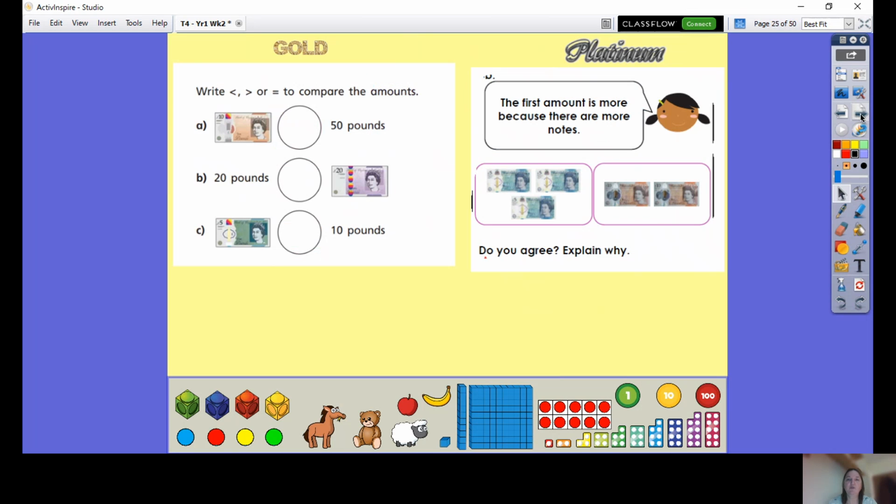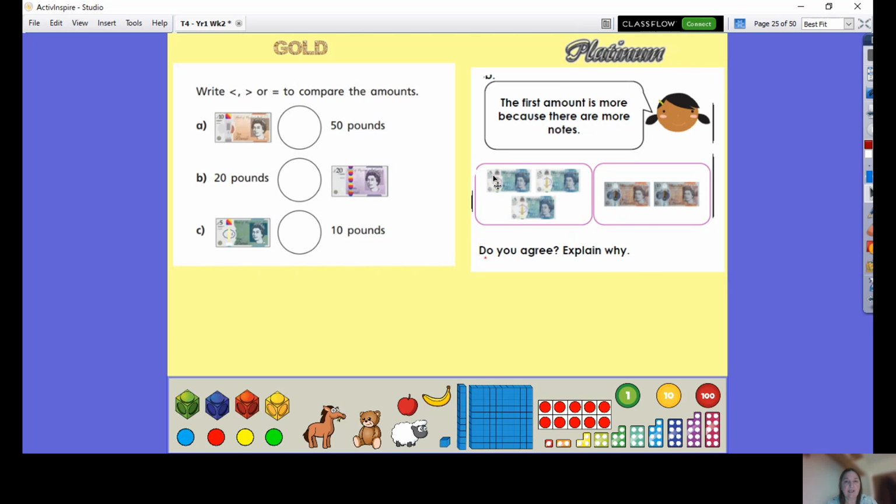Okay. And then the gold, if you want to challenge yourself again, is using these. So we've got less than, more than, same as. What symbols would go in there? And then here it says the first amount is more because there are more notes. Do you agree? You need to say whether you agree that this is more than that, and this little girl is saying that this is more because there's more notes. But remember, think about the numbers on the notes.